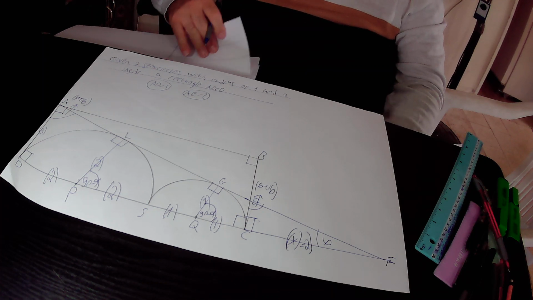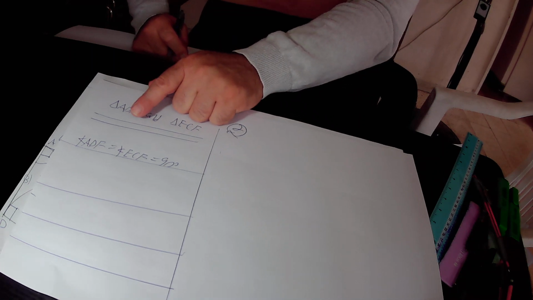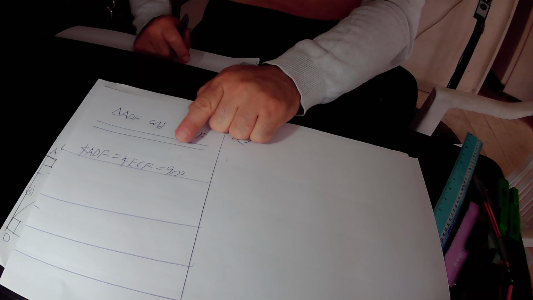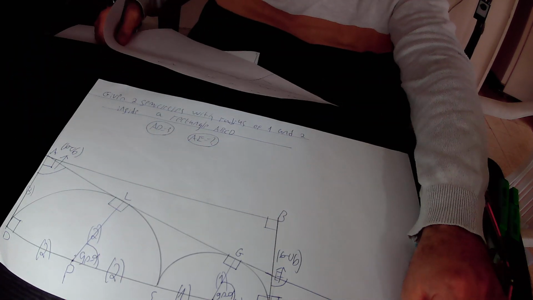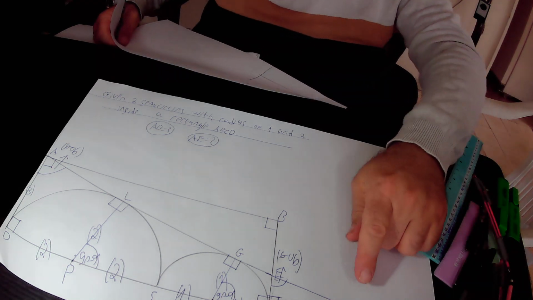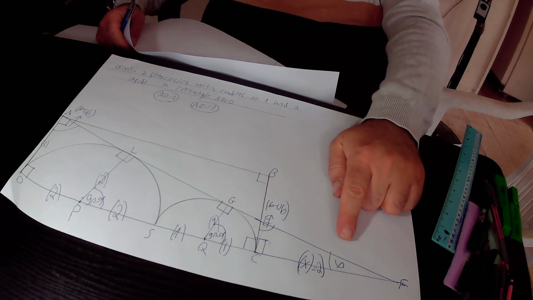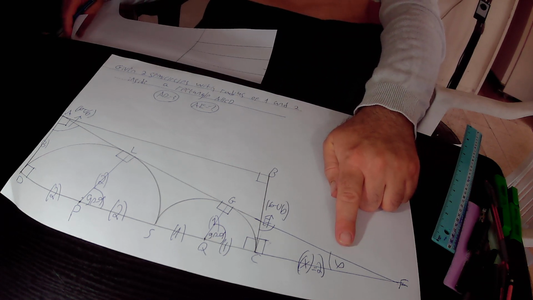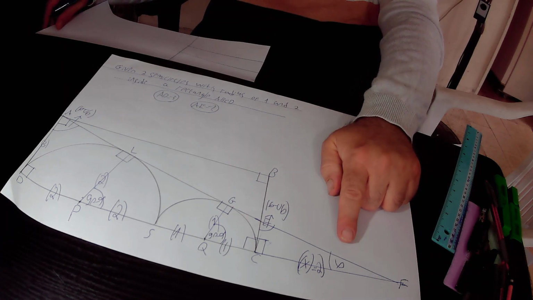So I repeat again, we found out that angle ADF in the big right triangle ADF equals angle ECF in the small right triangle ECF. They are both equal to 90 degrees, and therefore they are equal to each other. In addition, this is angle alpha, that is a common angle that belongs to both triangles. So we can write down that angle alpha equals itself.